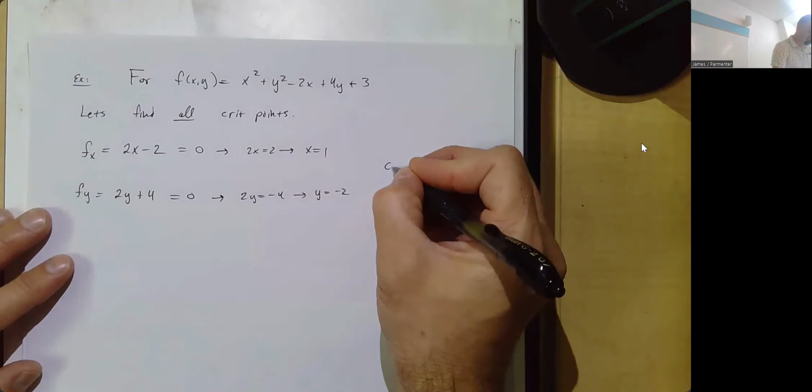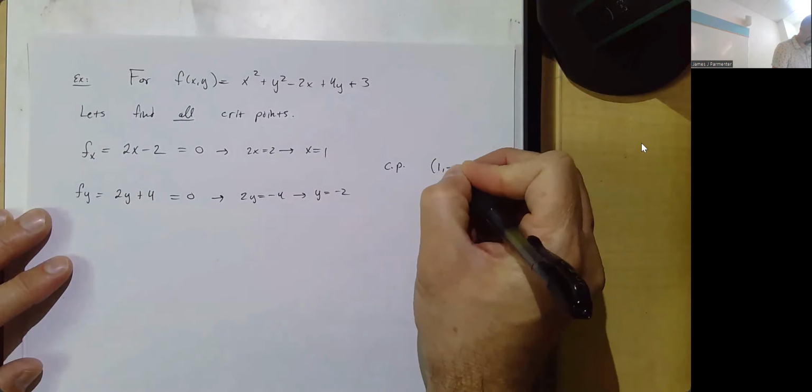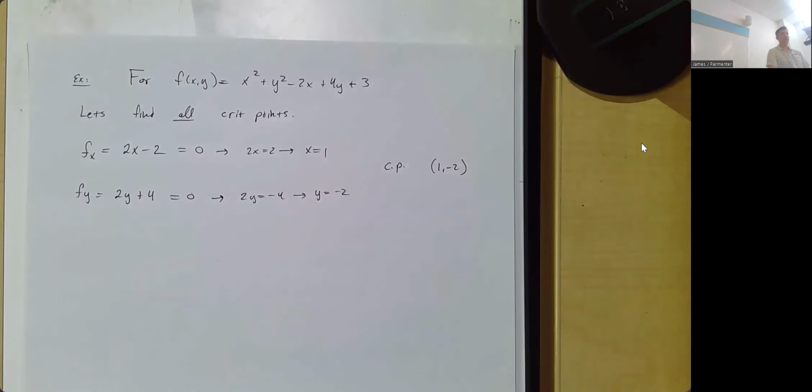My critical point is the point (1, negative 2). A point here meaning we need an x and a y coordinate. We need the place on the surface where both derivatives are 0 at the same time. We have one critical point. Now, let me keep notes in order here.